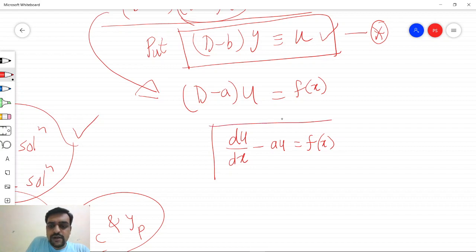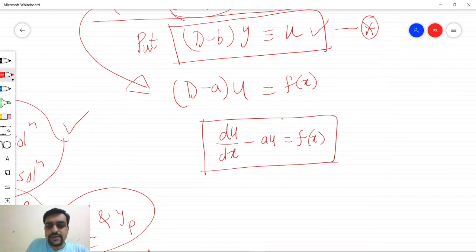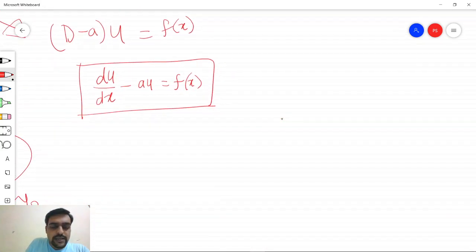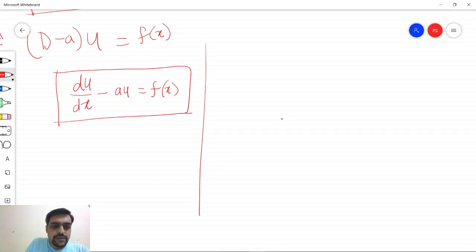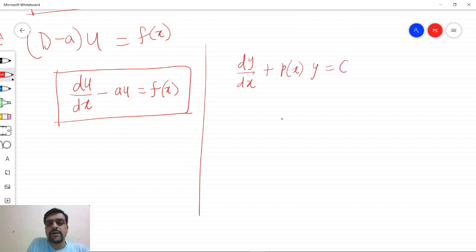Now this is a first order linear differential equation. This already has a standard solution. The solution is of this type. Suppose we have dy by dx plus p of x times y is equal to q of x as the standard form of a differential equation. Note that y is replaced by u here, p of x is replaced by minus a, and q of x is replaced by f of x. That is the only difference.